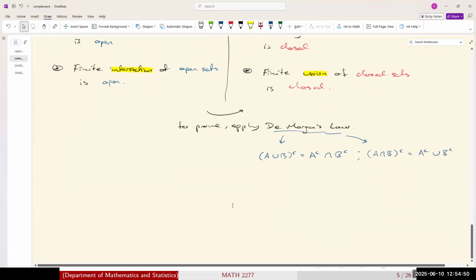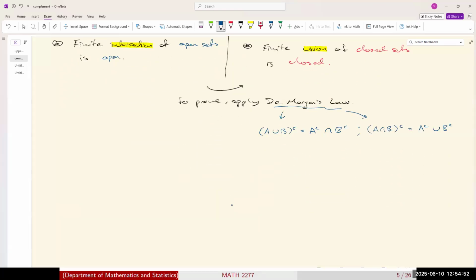What I'm saying is the empty set and the real numbers are the only open and closed sets. We know that the rationals are not open and not closed. My question is, are there any other sets in the real numbers that have this property? And the answer is yes.